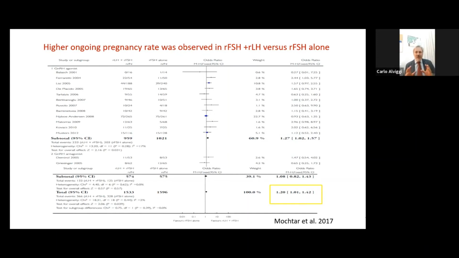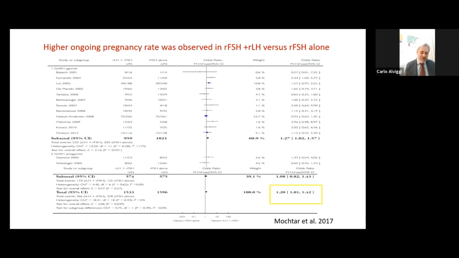So in the literature we don't see this crucial information because ongoing pregnancy rate isn't accepted as an indicator, and we lose a very good possibility to say whether there is evidence, rather than only looking at live birth rate. But live birth rate is very far in time from controlled ovarian stimulation. If you want information about live birth rate, you probably need 5,000 patients per group.